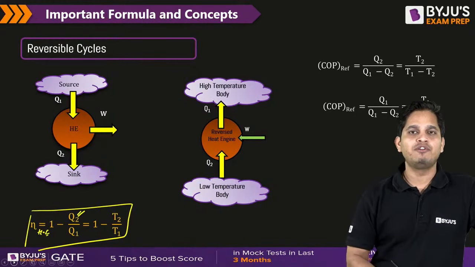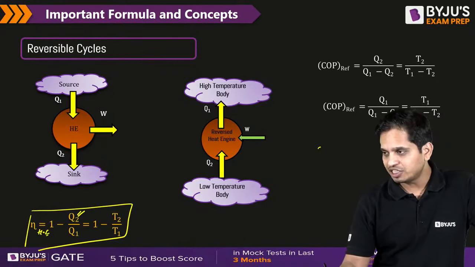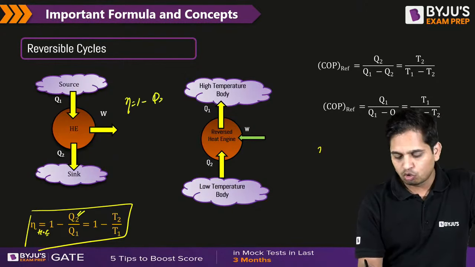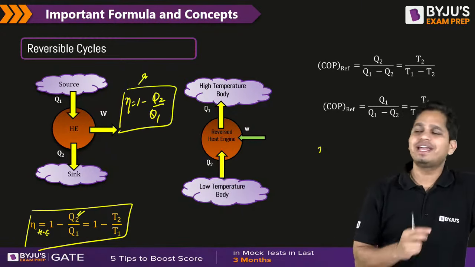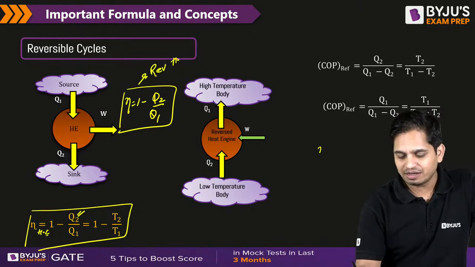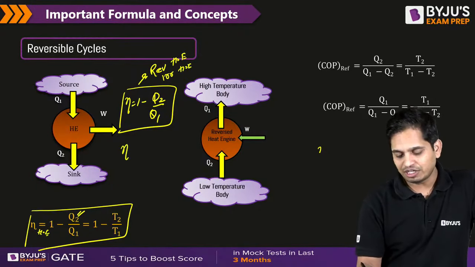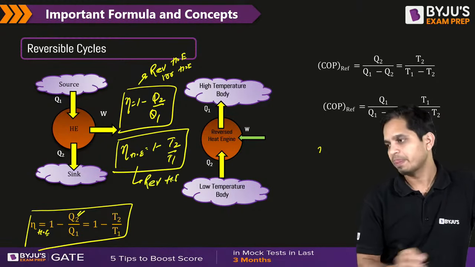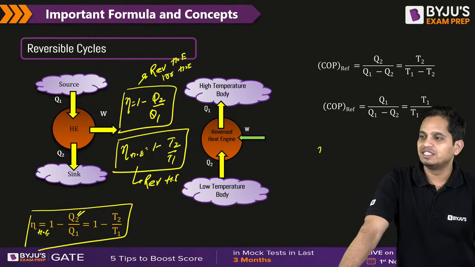Very important information here: if I say efficiency is equal to 1 minus Q2 by Q1, I can use this anywhere, whether a reversible heat engine is there or a real or irreversible heat engine is there. But if I say efficiency of heat engine is 1 minus T2 by T1, then this formula I can use only for a reversible heat engine.